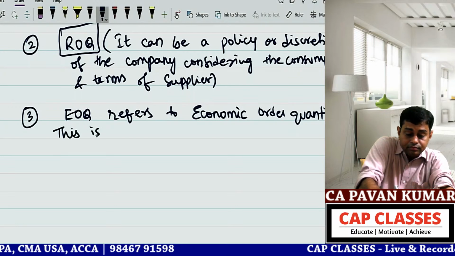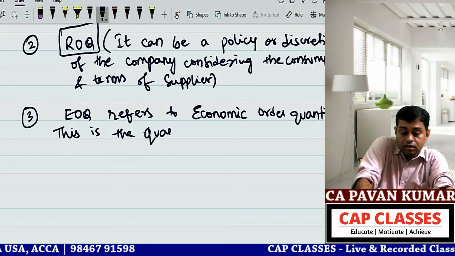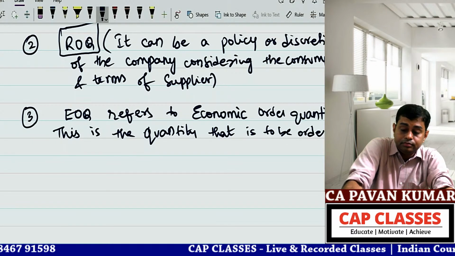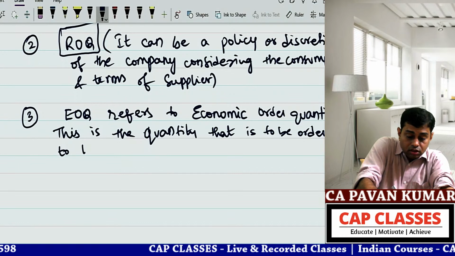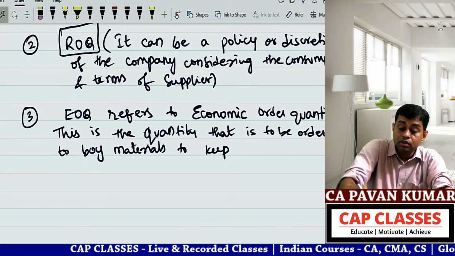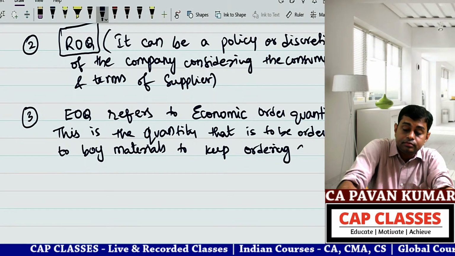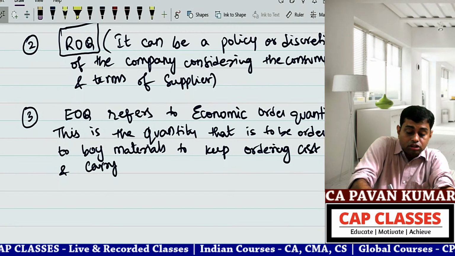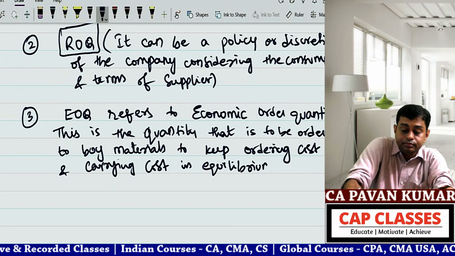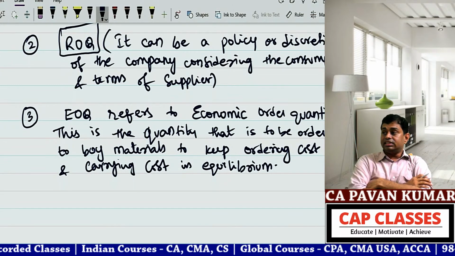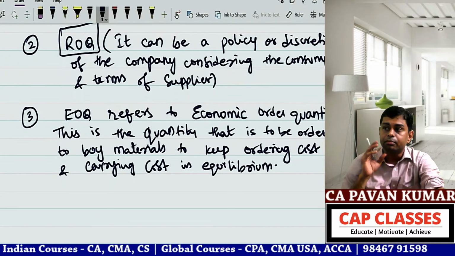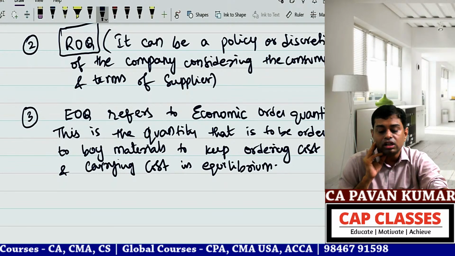This is the quantity that is to be ordered to buy goods, to buy materials, to keep ordering cost and carrying cost in equilibrium. To keep ordering cost and carrying cost in equilibrium.